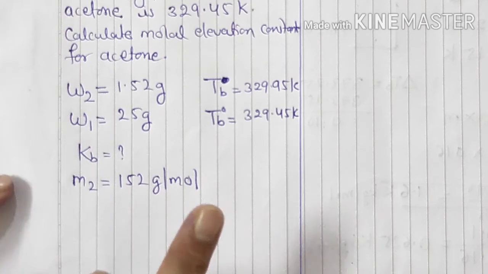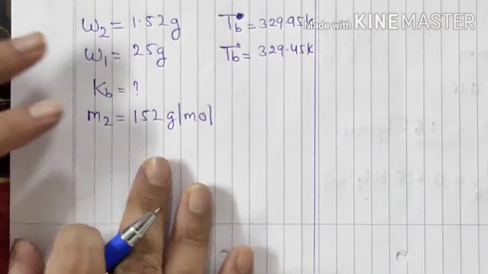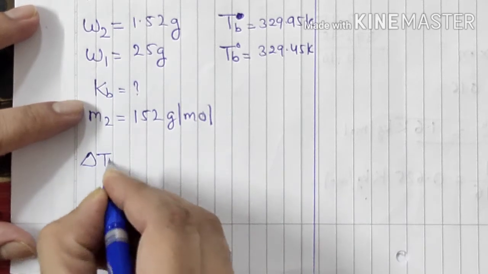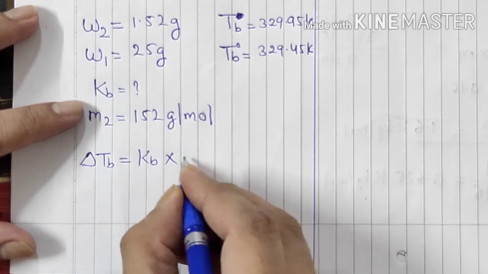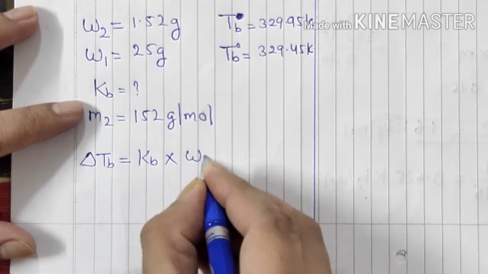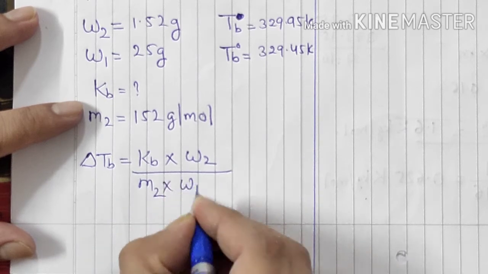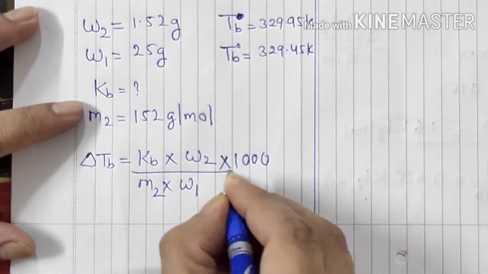Correct? Now I write the formula here only. Formula is delta TB is equal to Kb into molality, and molality can be written as weight of solute upon molecular weight of solute, weight of solvent multiplied by 1000.